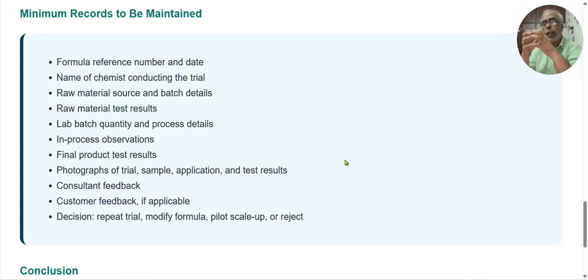Finally, take a decision. If you need further improvement, go for a repeat trial and modify the formula in consultation with the consultant. Then pilot scale up. Or if it is not satisfactory, you had better reject it, because we have some other technical problem in this case.